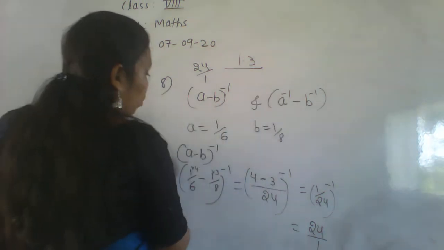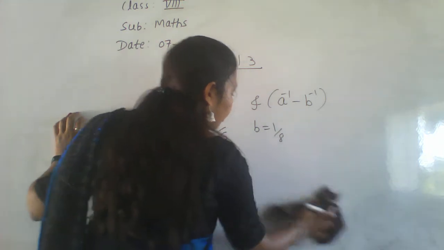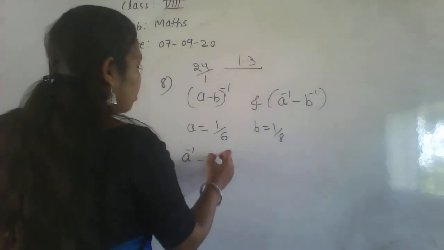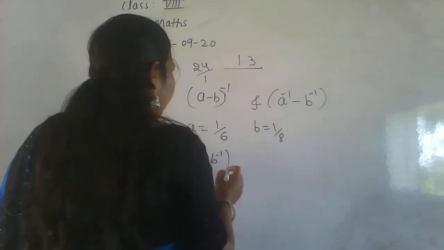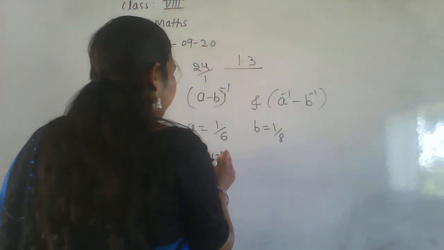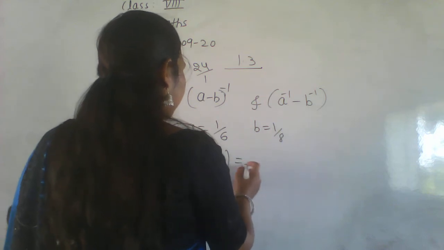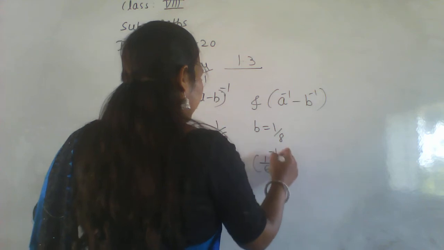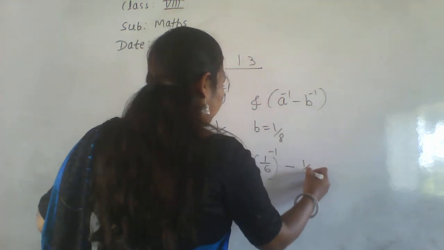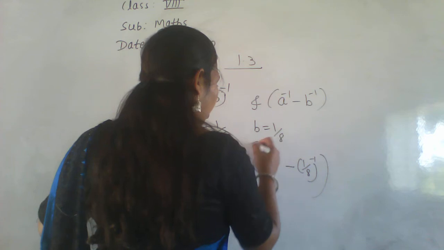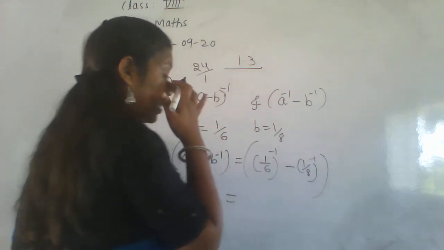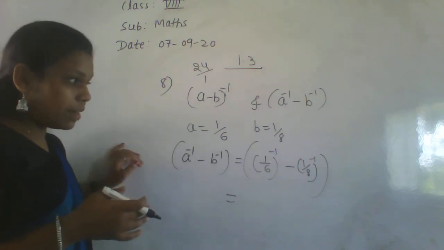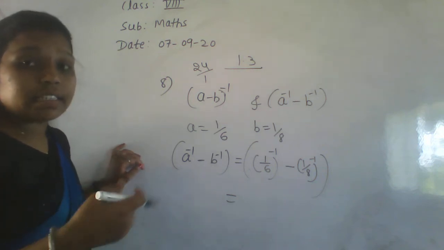Find this one now. That is a inverse minus b inverse. Okay. Here a inverse minus b inverse is nothing but a is 1 by 6 inverse minus 1 by 8 inverse, whole bracket. 1 by 6 inverse is nothing but you have to write the reciprocal of that number.